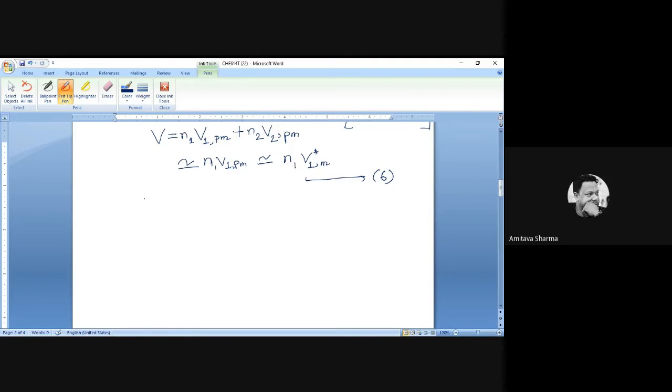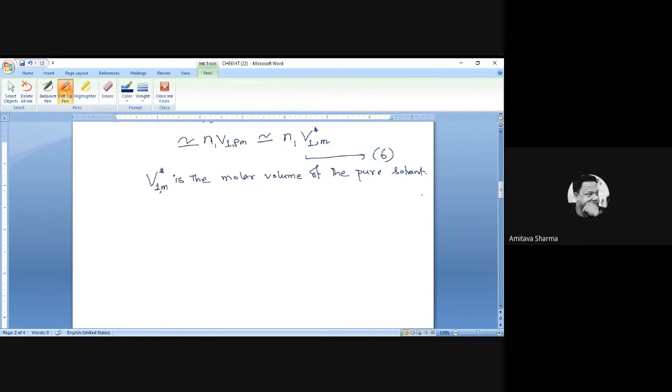This approximation is very important. If you have any difficulty understanding this, just let me know, I'll discuss it again. So V1m star is the molar volume of the pure solvent.